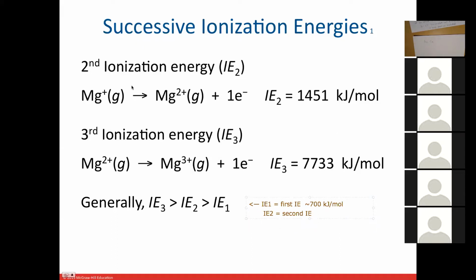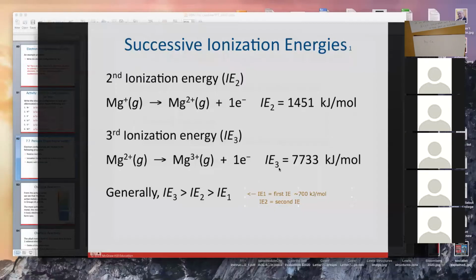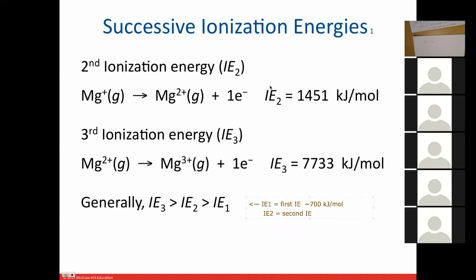That's the energy to remove the first electron, and then we get the magnesium ion showing up here. Magnesium ion losing a second electron, going to magnesium 2+, takes about twice as much energy to remove that second electron.